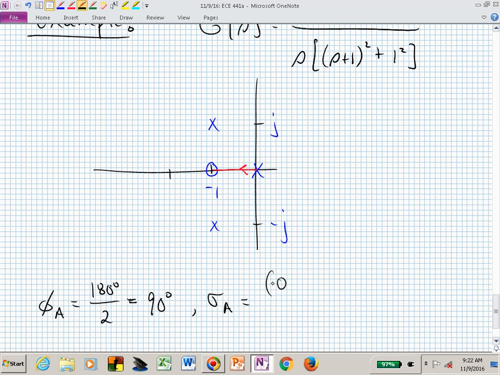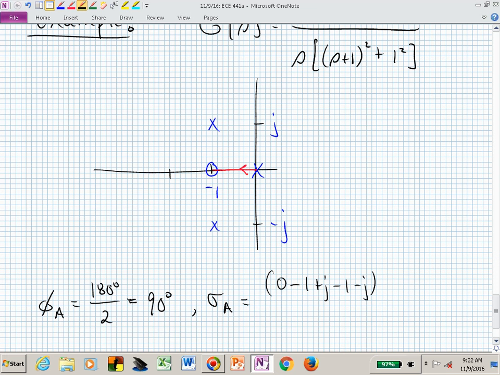We now have a pole at the origin, so we sum up the poles. We have a pole at -1 plus j. We have another pole at -1 minus j. And now do you see that you really don't have to worry about the imaginary part? Because those are going to cancel each other out. You could have just said, oh, I have 0, -1, -1.